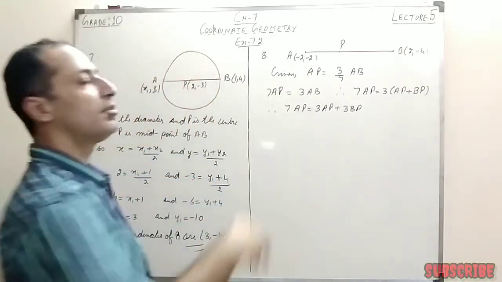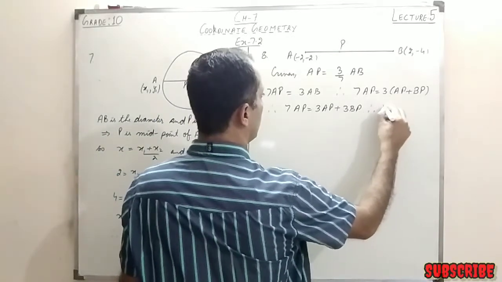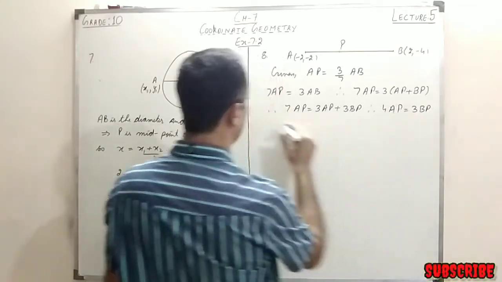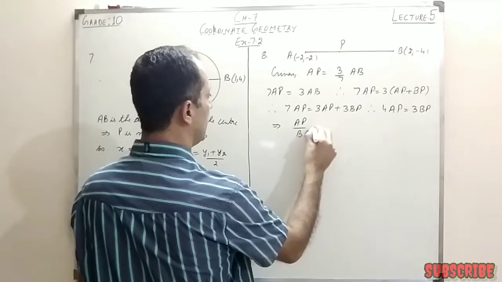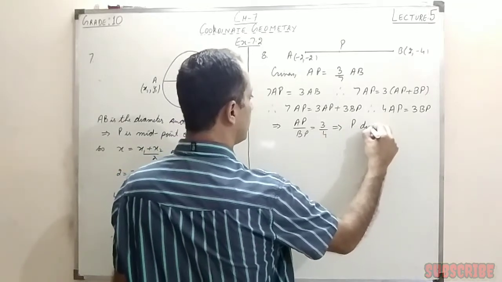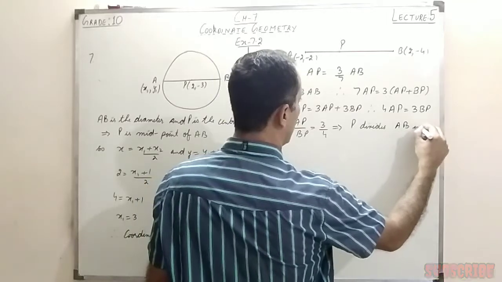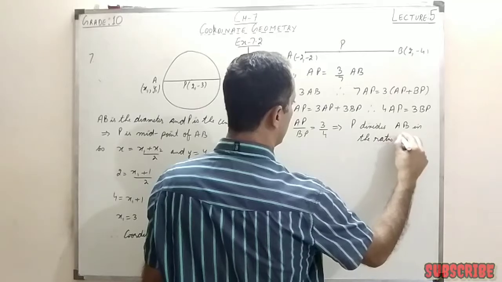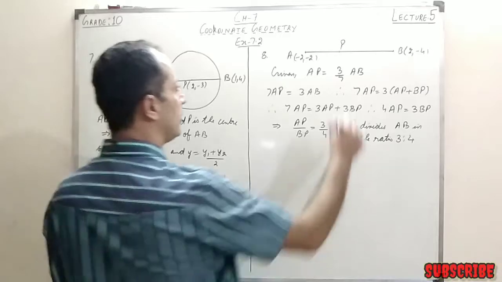This 3 AP comes on the left side, gets subtracted. So we have 4 AP is equal to 3 BP. And this means that AP upon BP is 3 by 4. This means P divides AB in the ratio 3:4, right? So we write the ratio 3:4 here.